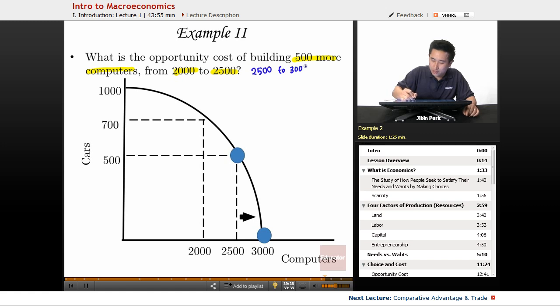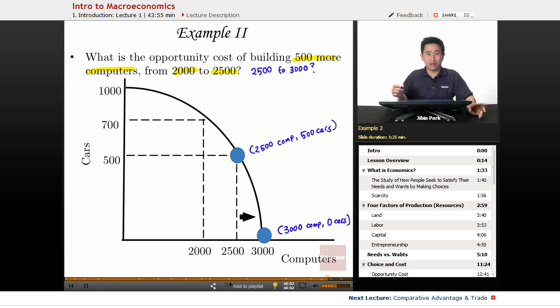So you have 2,500 computers, and now you have 500 cars. But what happens if now you shift production so that you have 3,000 computers and now you have 0 cars? Okay, so what is now the opportunity cost?